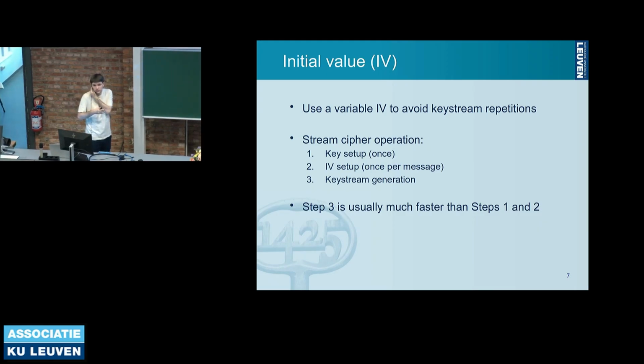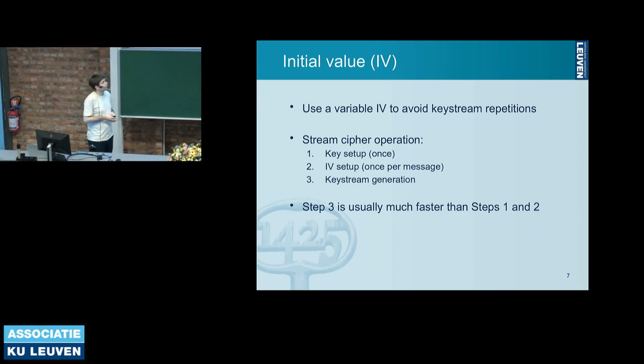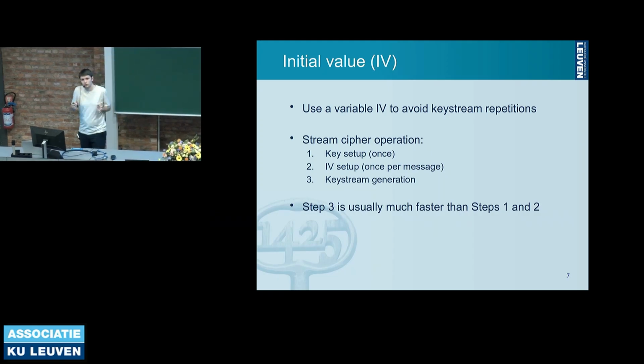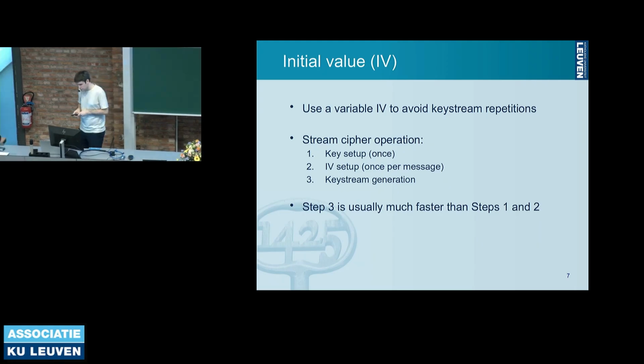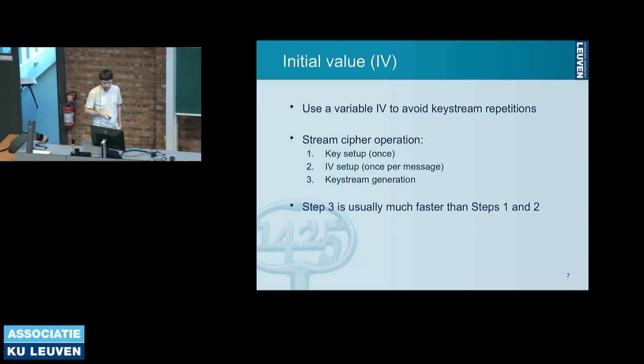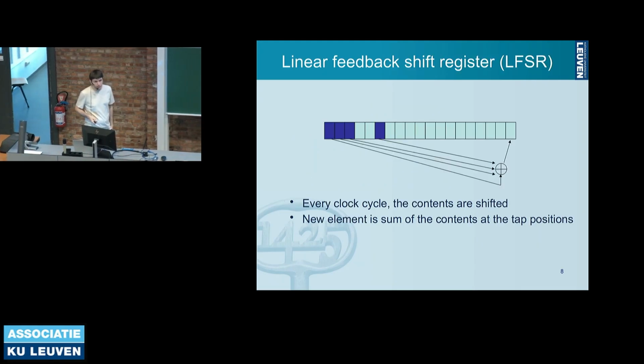This can be very expensive because you only need to do that once per message. Later on you can generate the key stream pretty fast, because at that point the adversary cannot control the state anymore. So that's a potential advantage of stream ciphers.